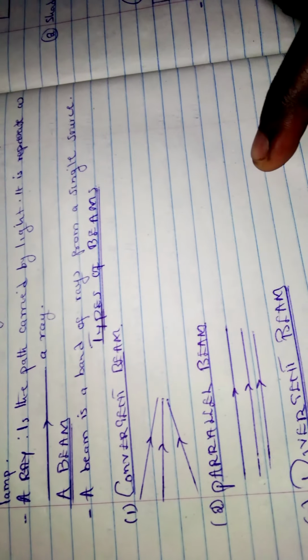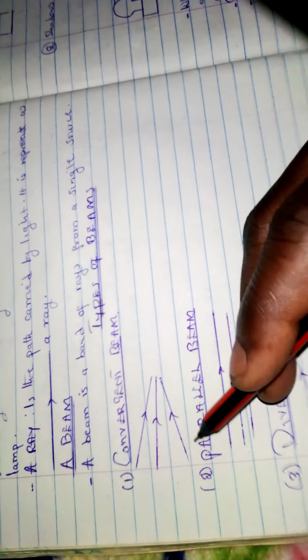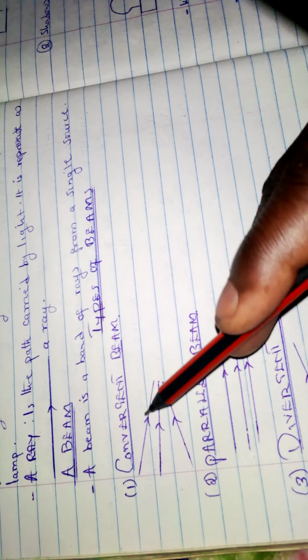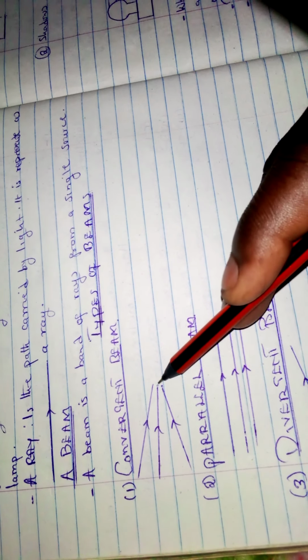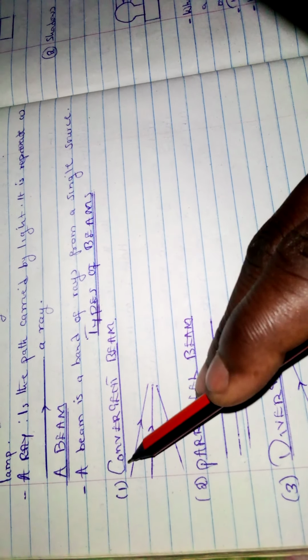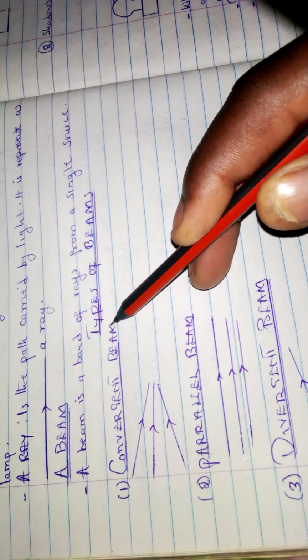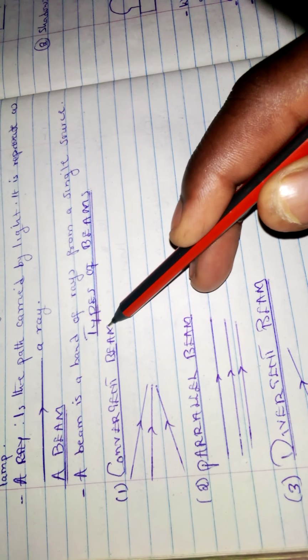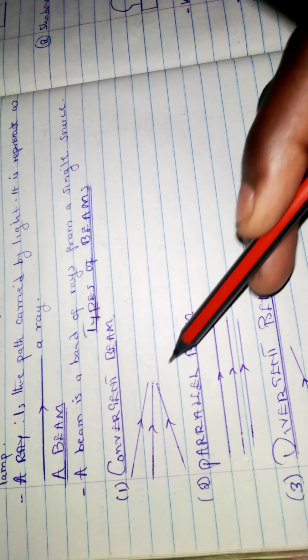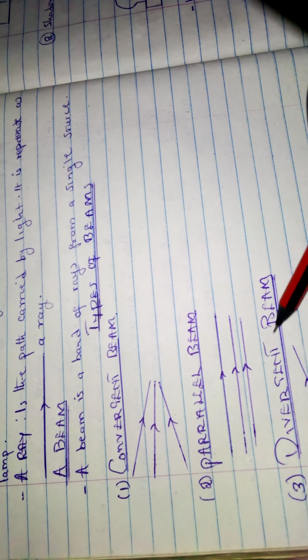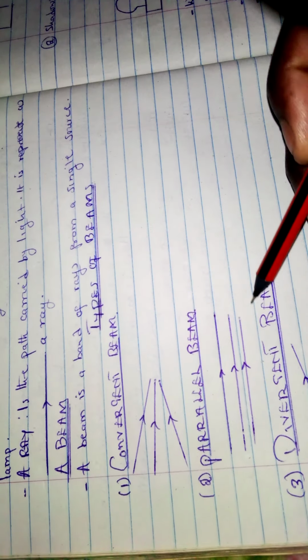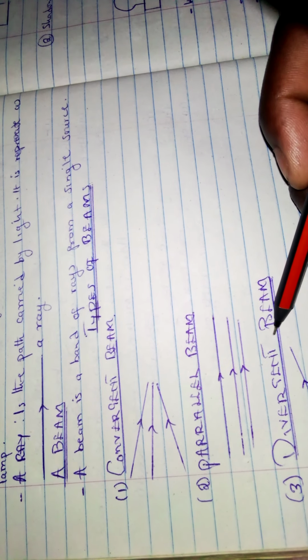Now, beams are of different types. For example, we have a beam that goes like this. You see these rays of light are meeting at one point, so it's called a convergent beam of light, because they are meeting. These are not meeting, but they are parallel. This is the reason why it's called a parallel beam.